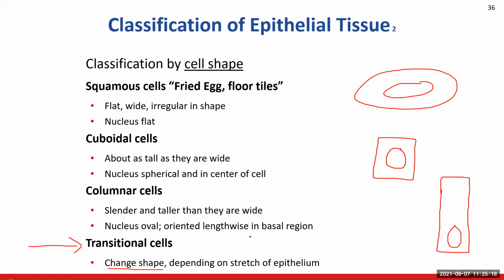So when your urinary bladder is full of urine, because you're on a long drive and you're sitting in the back seat, and whoever you're driving with will not pull over, so you have to hold it while the bladder's filling up, it pushes that epithelium flat. So when there's a lot of stretch, this type of epithelium looks flat. And then after you go to the bathroom, when you've emptied your bladder, this type of epithelium is going to be more rounded, polygonal. We'll talk more about this here.